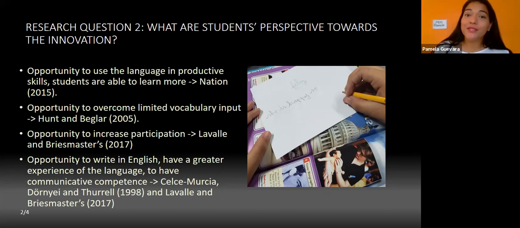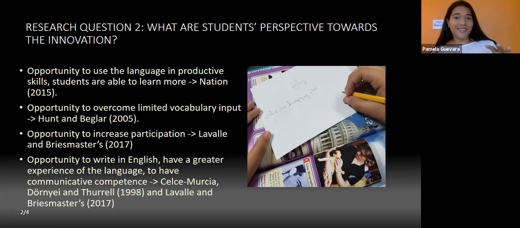They had the opportunity to increase participation. One of them told me, I feel better now at school. I don't feel so nervous when the teacher asks me to do something. And this was also because when I asked them to do picture description, they had to do a presentation.